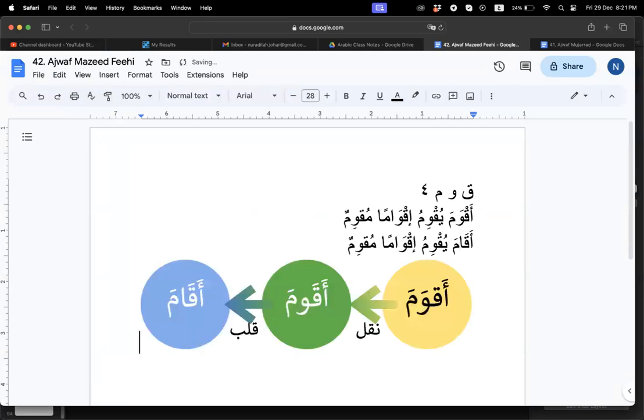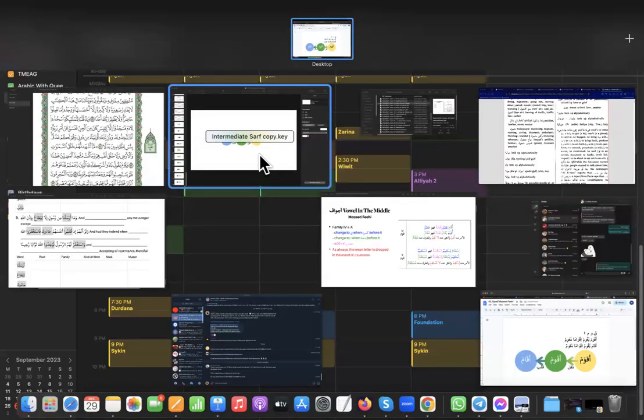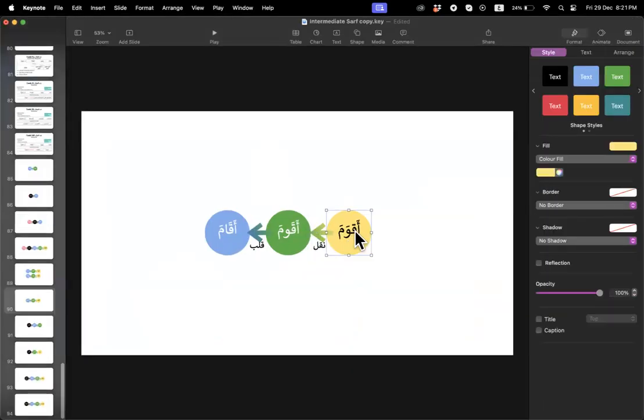Mudhari, same thing. So mudhari, we start with yuqwimu. Do naql. Yukwimu. The qaf gets what? Switch place with the kasra.